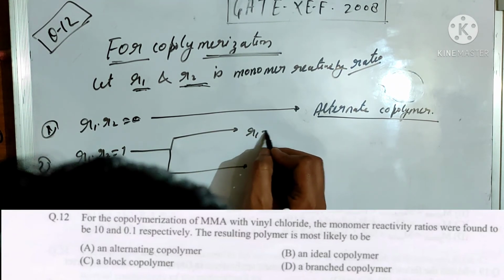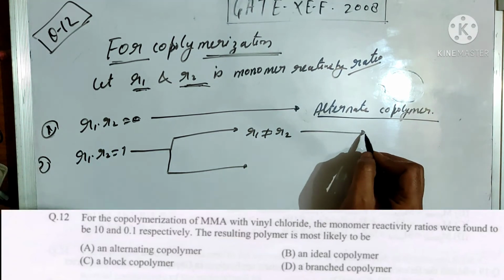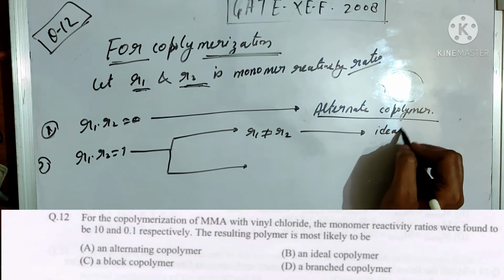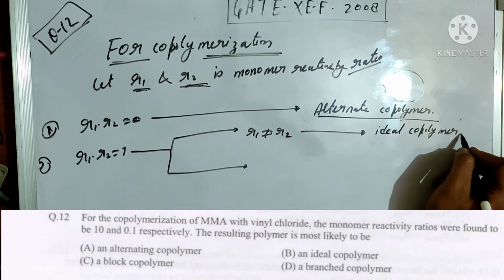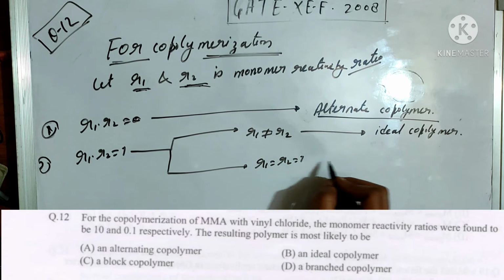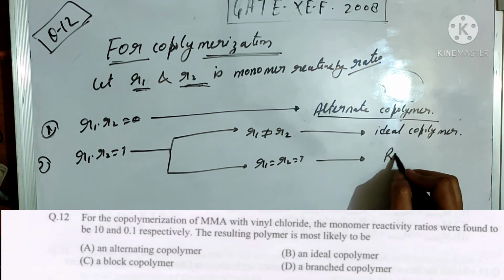If r1 is not equal to r2, in that case it forms an ideal copolymer. But when r1 is equal to r2 is equal to 1, in that case it forms a random copolymer.